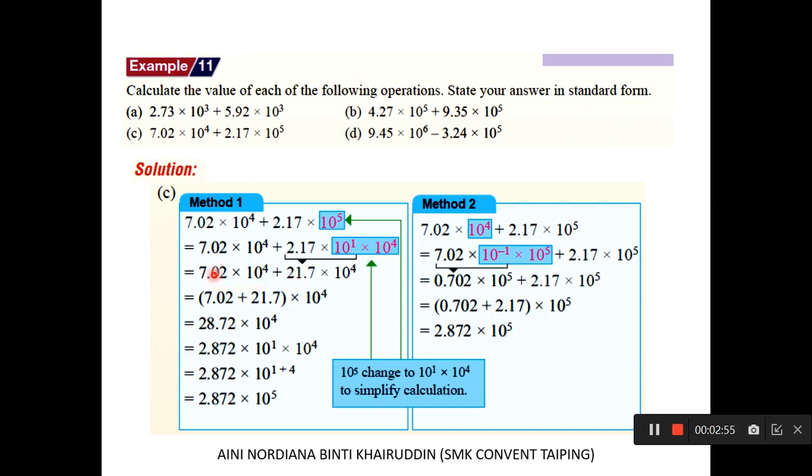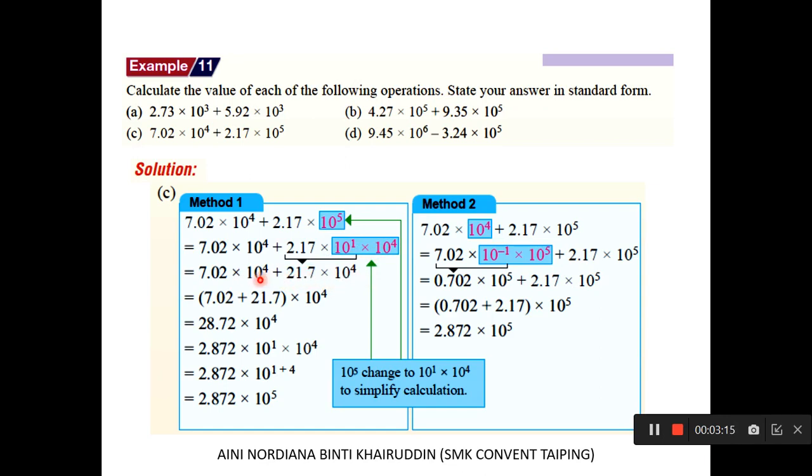The first number remains unchanged. For the second number, 2.17 times 10 to the power of 1 equals 21.7. This one remains unchanged, you just write times 10 to the power of 4.